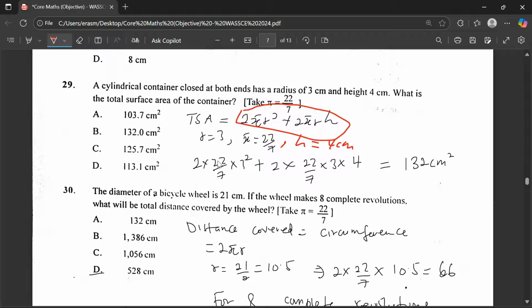So we have 2 times 22 on 7 times 3 squared plus 2 times 22 on 7 times 3 times 4. And when you compute, you are going to have 182 centimeters squared since it is an area. So that is option B.